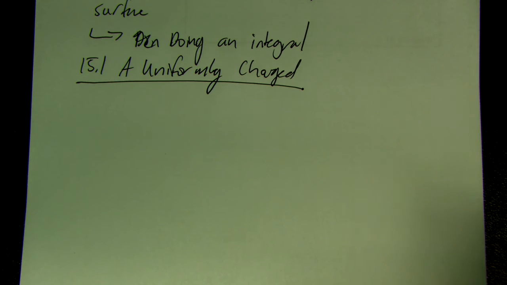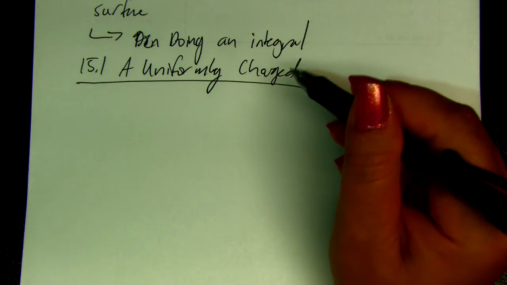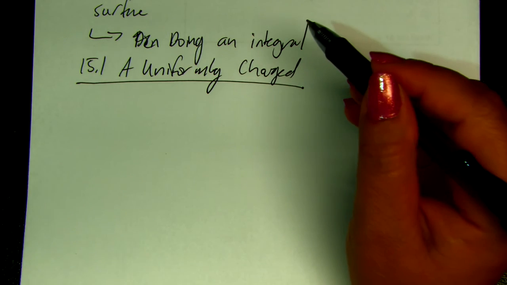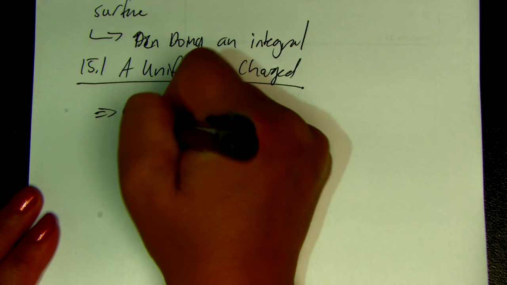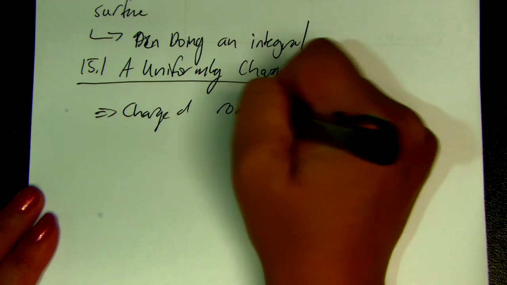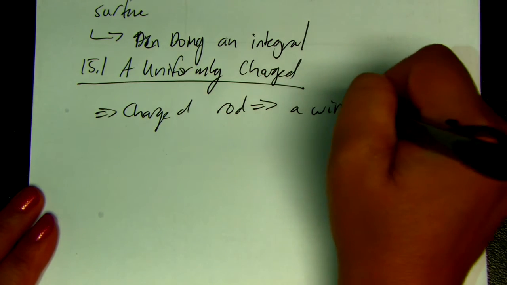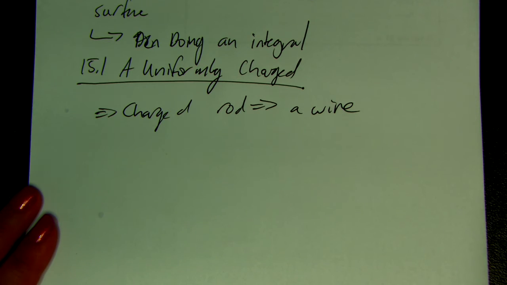All right, so we're going to be looking at different shapes, and we're going to be doing this in detail. So we're really going to spend a lot of time on this first one, this uniformly charged rod. This is particularly useful because a charged rod is basically a wire, which is a shape we're going to see a lot.